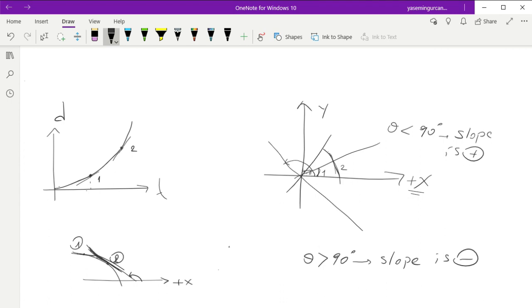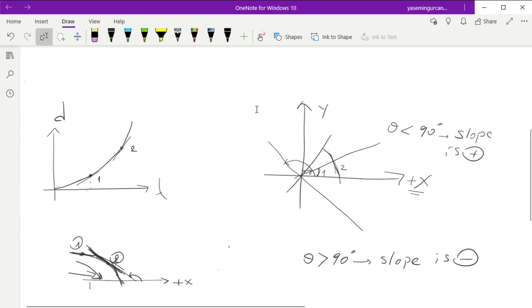It's getting closer to the vertical axis. If you compare these two, 1 has a smaller slope than 2. 2 is a bigger slope. Therefore, in time, if this was the time axis, you can safely say that in this motion the object is moving in the negative direction, and its velocity is increasing because the slope is increasing as it goes. Here, for example, if you draw a line, it's even steeper than number 2, right? So you can say here the velocity is increasing in the negative direction as time goes on.